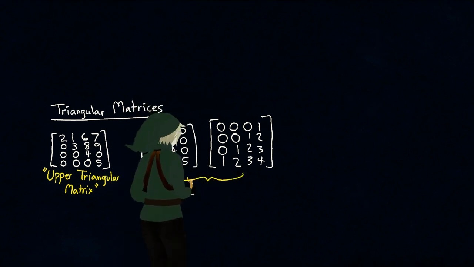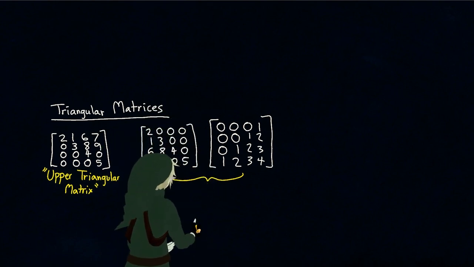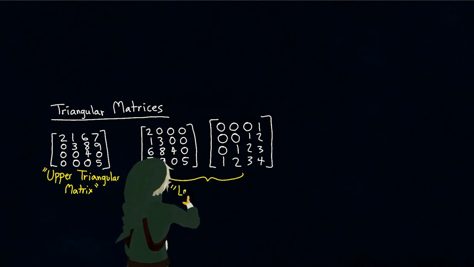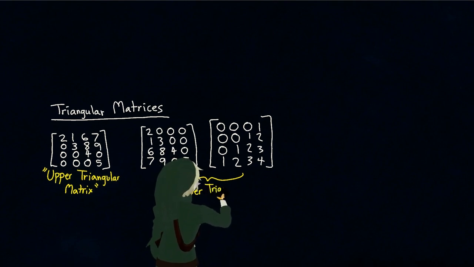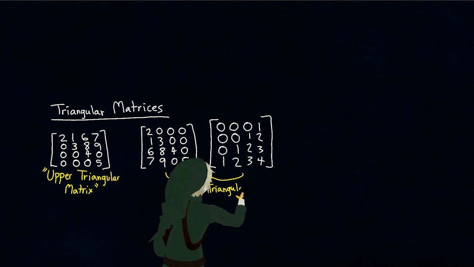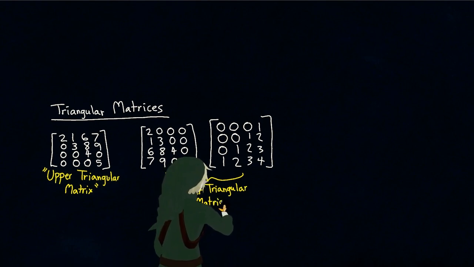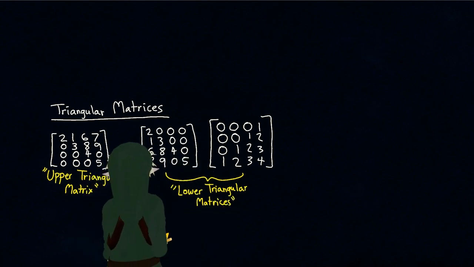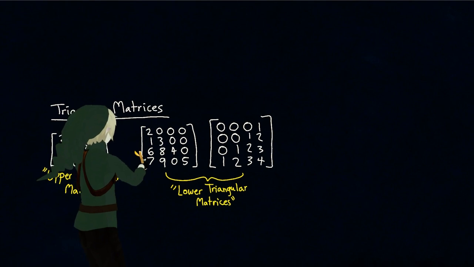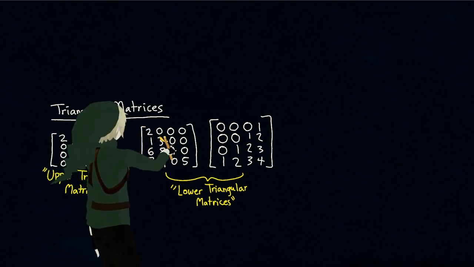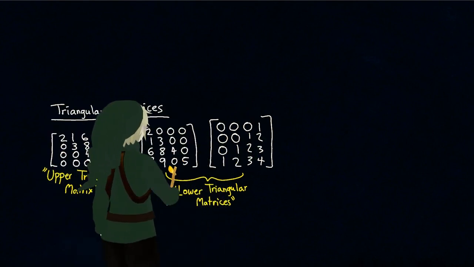Matrices where a lot of the any-numbers or non-zero numbers are at the bottom, we call a lower triangular matrix. These are lower triangular matrices. Again, lower triangular because all of our entries are at the lower corner of our matrix.